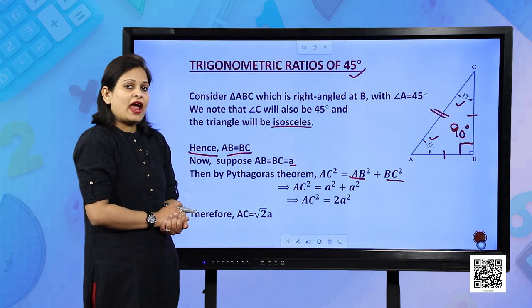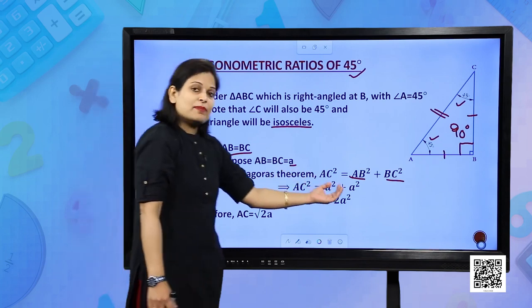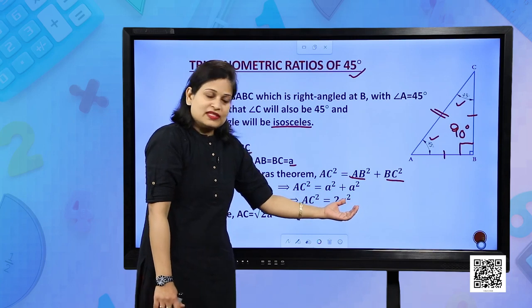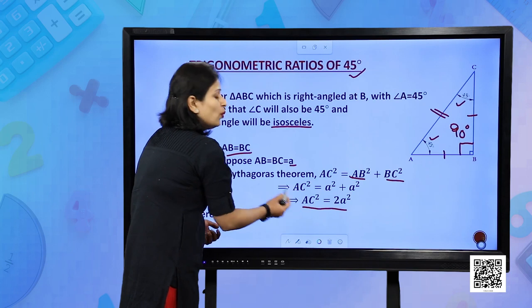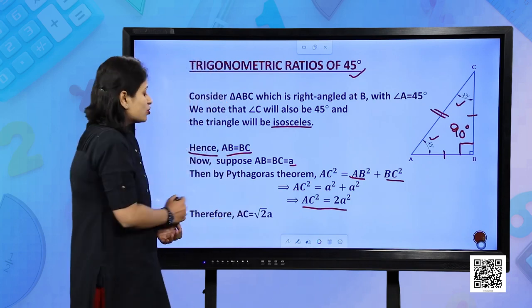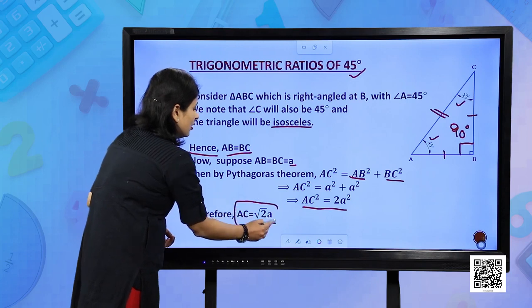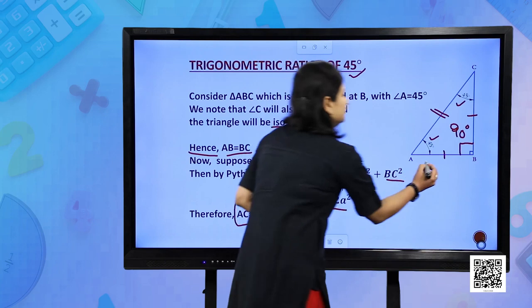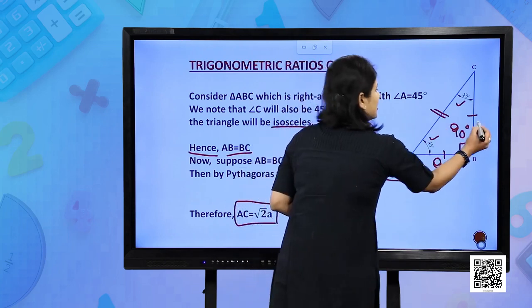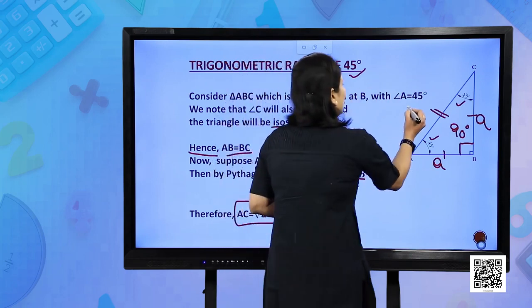Now, AB and BC you know are A. Simply substitute the value of AB and BC, you will get AC square as 2A square. So, what will be AC? Root 2 A. So, you know AB is A, BC is A and AC is root 2 A.